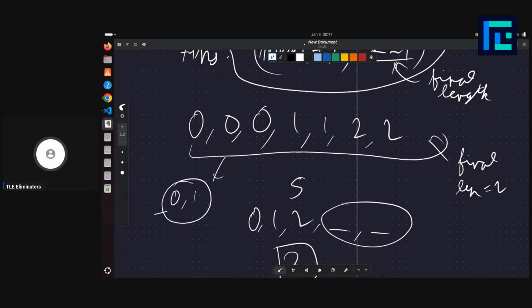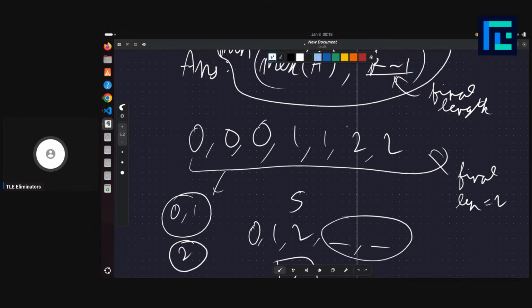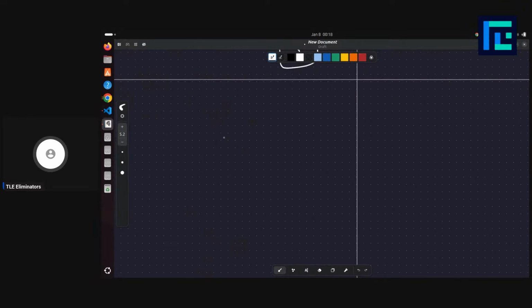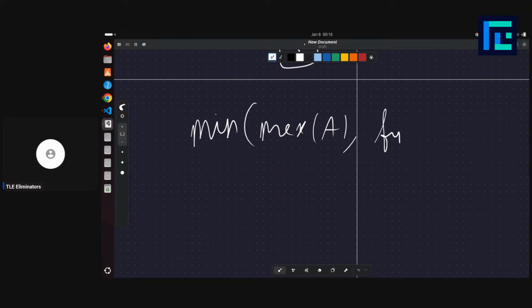So the max is 2. I cannot make the max more than 2 if I have only two elements, so I'm taking the minimum with the final length also. The answer for the simplified problem I gave you is the minimum of max of the original array, comma final length.